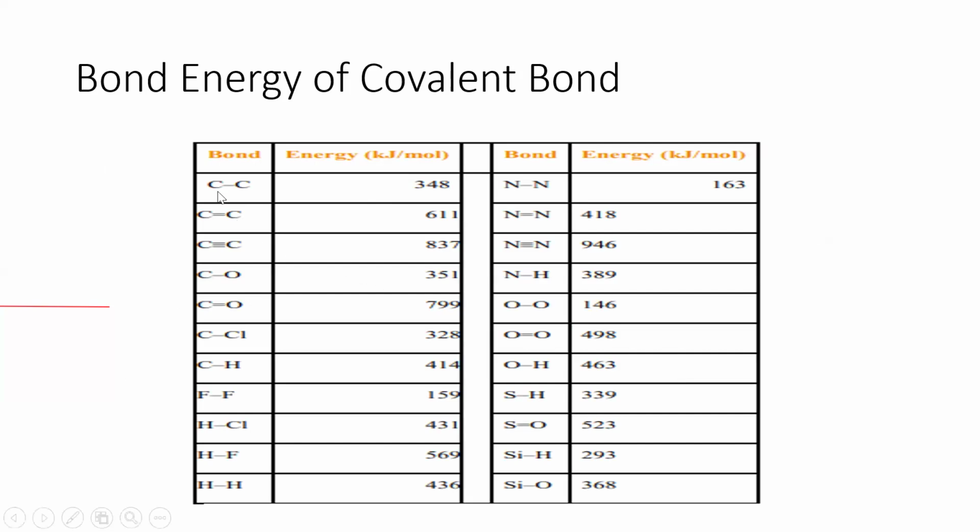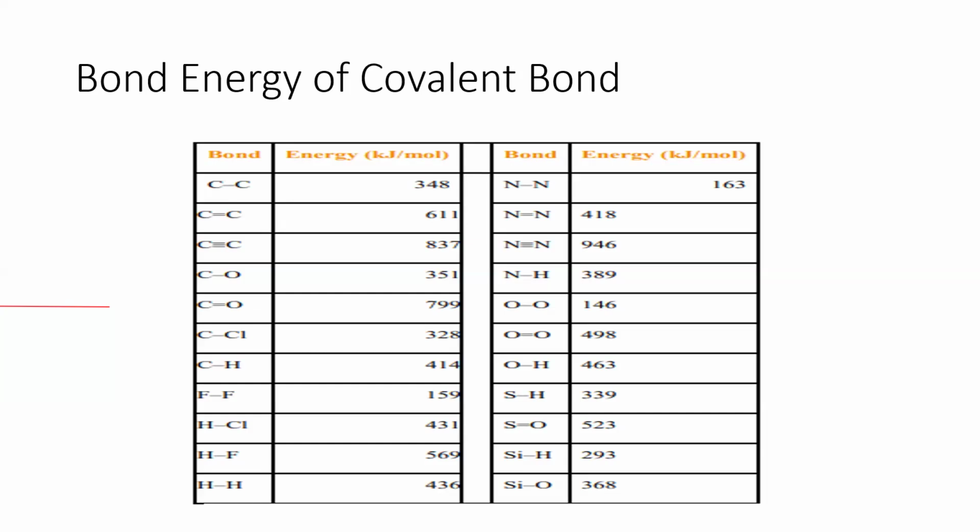So, carbon-carbon bond. This is the energy that we need to bond it, or break it. When you bond it, the energy comes out. So this is how much energy comes out, or when you want to break it, this is how much energy you can use to break it. The energy is in kilojoules per mole.